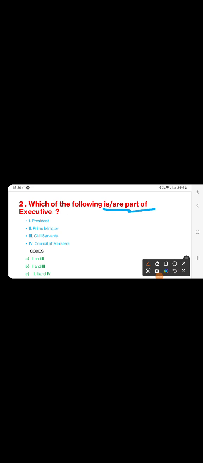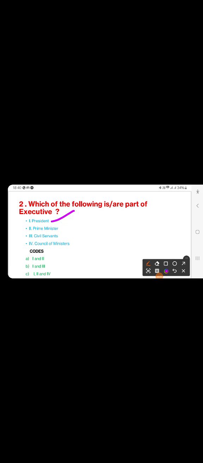We understand the executive part means those who are acting, those who are working. They are the real heroes who take the decisions, understand the problem and give or take the real decisions. Now let's come to the main point, so we can go through the options. It can be easy to understand.